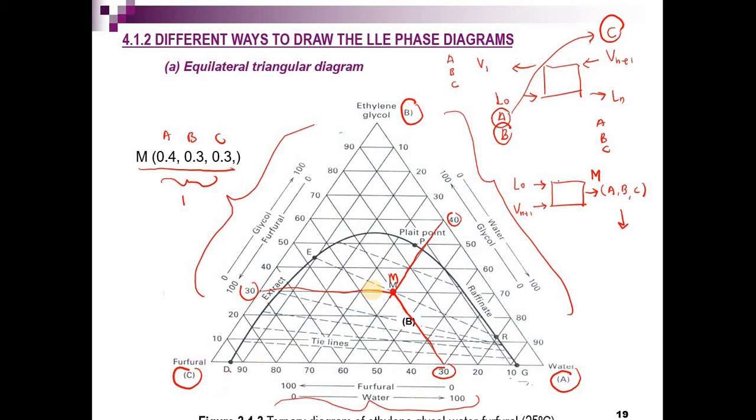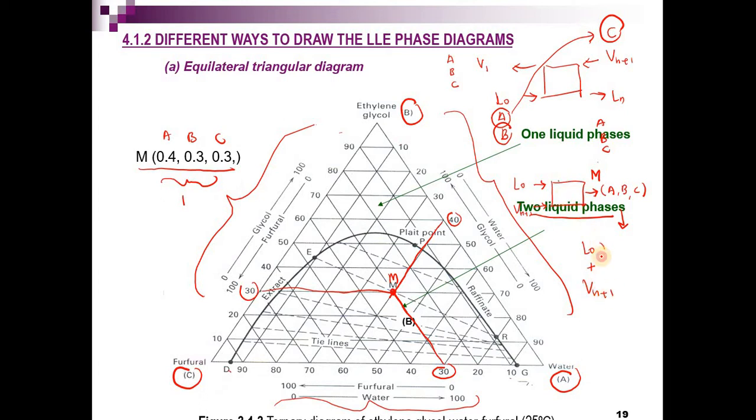So in this system also, any point inside the equilibrium curve, we call it two liquid phases, because in this equilibrium curve, the feed and the solvent will be mixed.